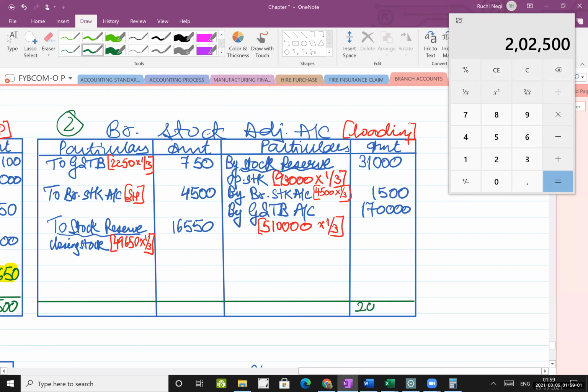So it's 2 lakh 2,500 minus 750 minus 4500 minus 16,550. 1 lakh 80,700.